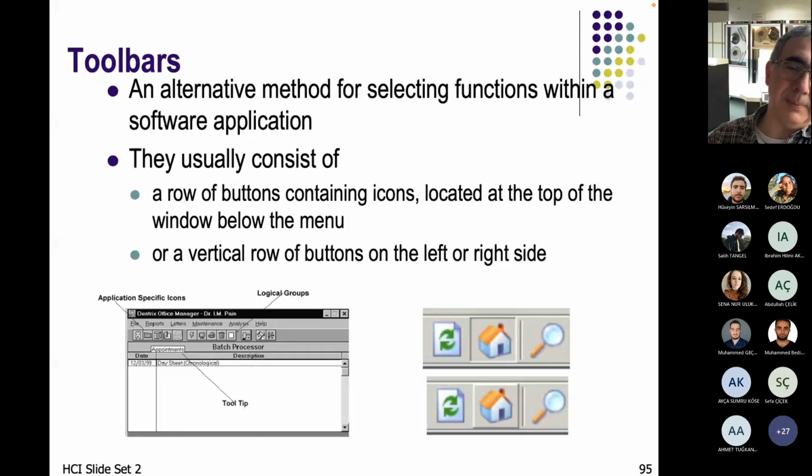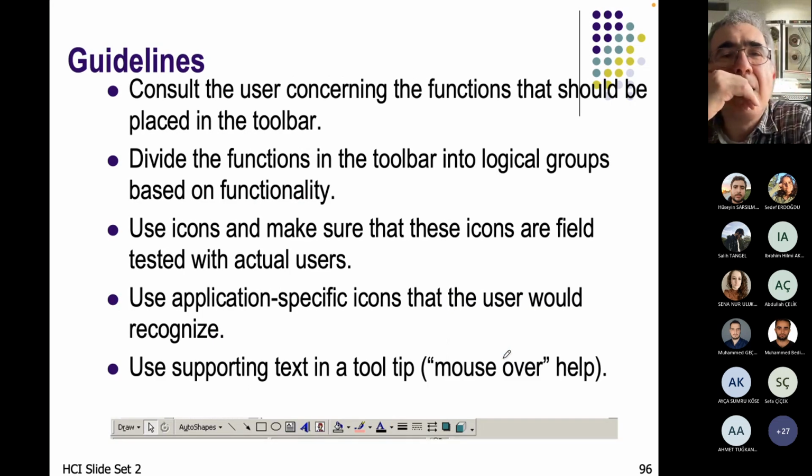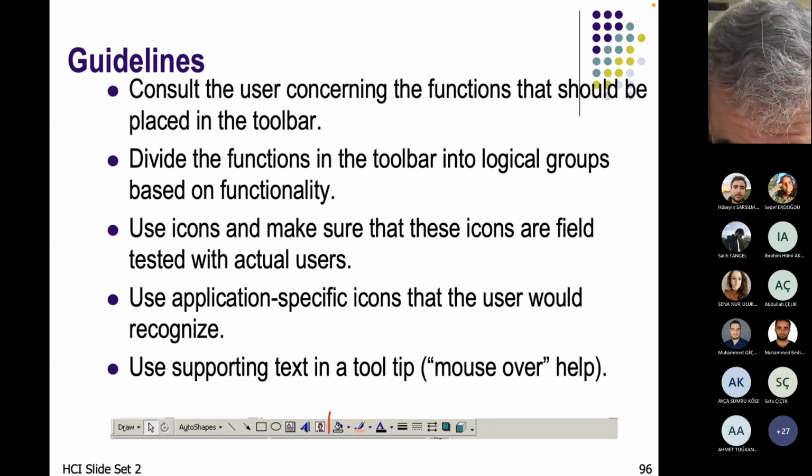Toolbars are the things that we put here. So a row of buttons, or a vertical row of buttons on the left. Some applications have buttons here. In terms of designing, as you see, there are dividers.